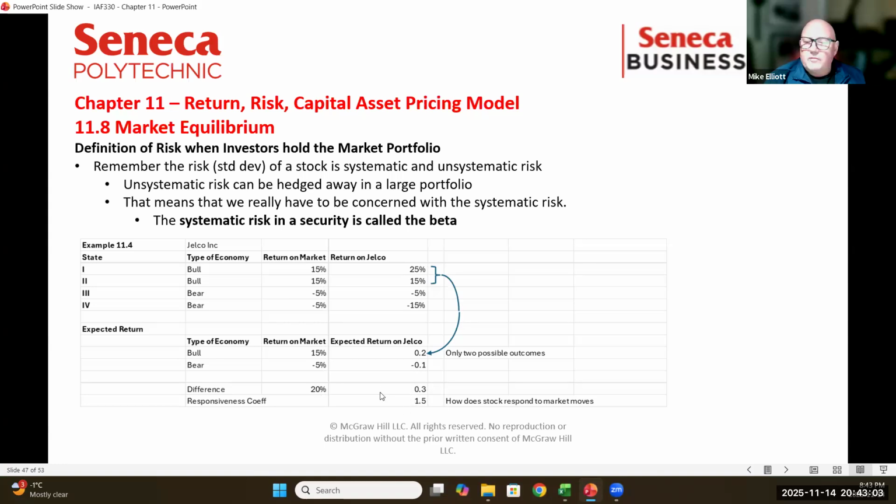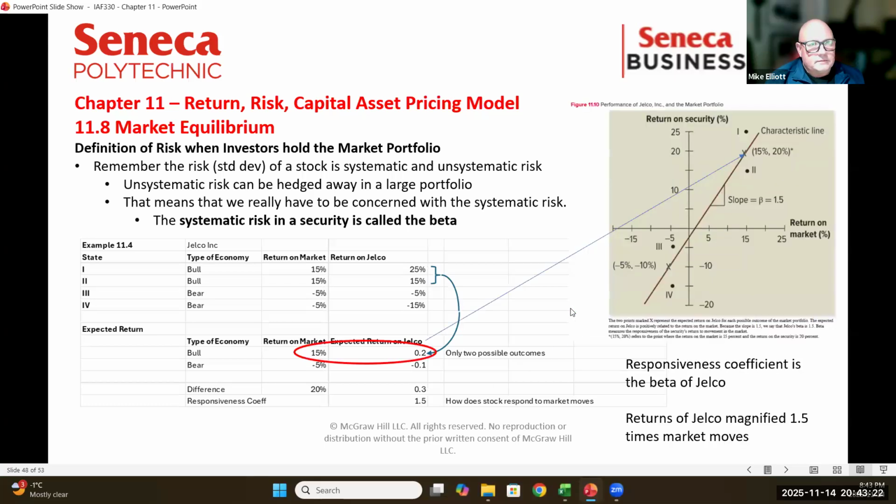Goes up, we move 1.5 times when it goes up. Goes down, we move 1.5 times when it goes down. That's our responsiveness coefficient. In a bull market, we expect to outperform by 50%. In a bear market, we expect to underperform by 50%. And that gives us this line.